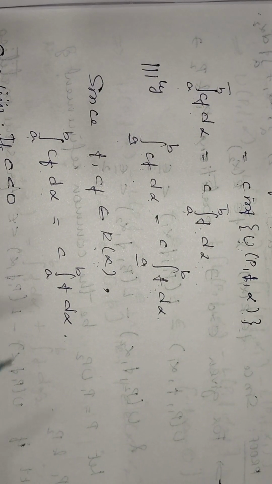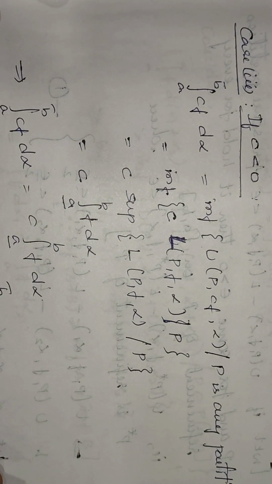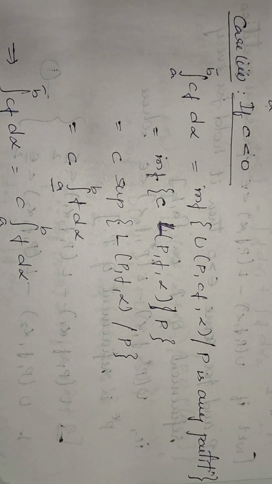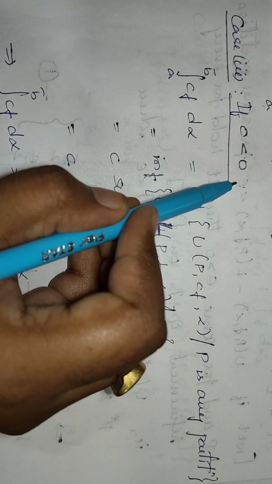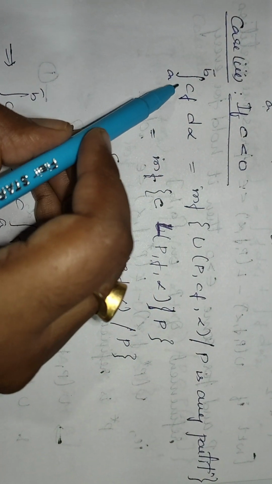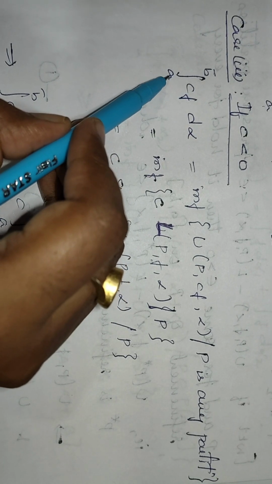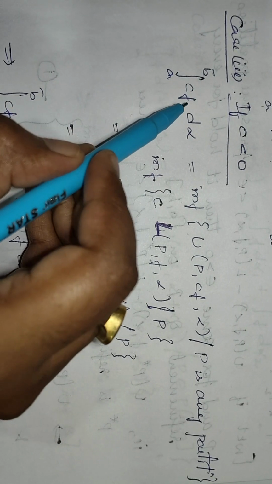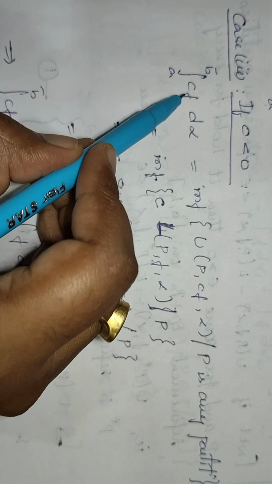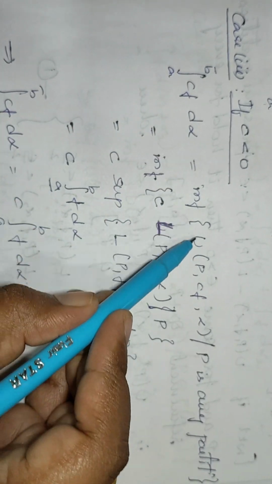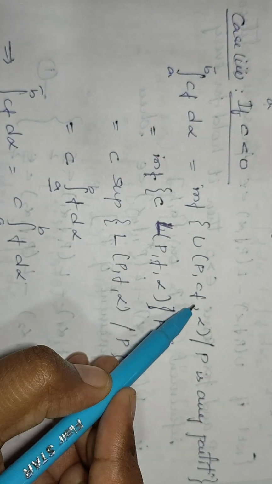Okay, now let's move on to the next case. What if c is less than 0? If c is less than 0, see here I will consider again the upper Riemann integral of cf, which is equal to the infimum of all U's of cf.